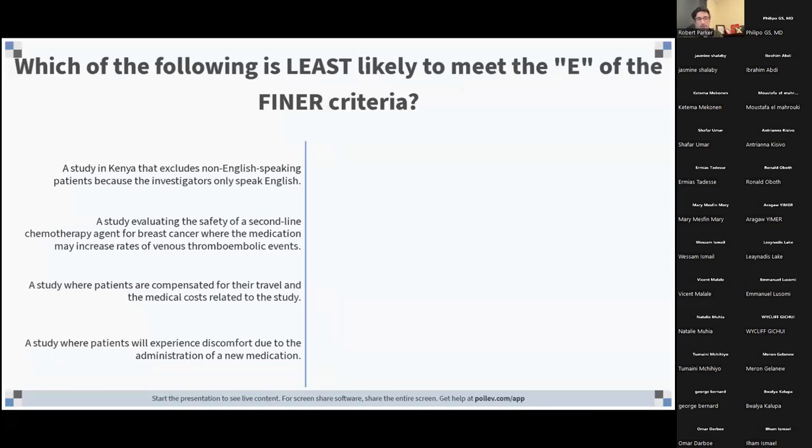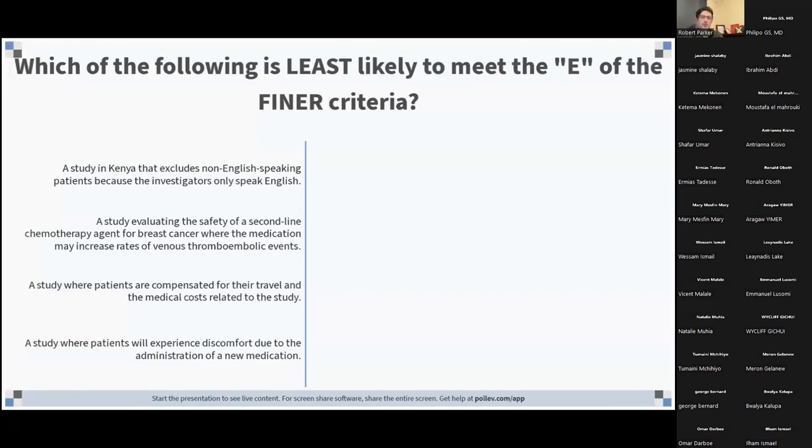A study evaluating the safety of a second-line chemotherapy agent, that could certainly have ethical challenges. So you want to make sure that you minimize the risks as you weigh the benefits of whatever you're studying. A study where you compensate, that could be unethical. What if I say that you're going to get 1,000 US dollars?